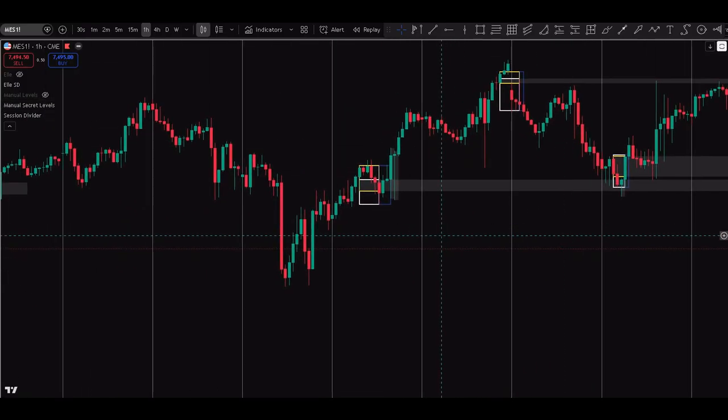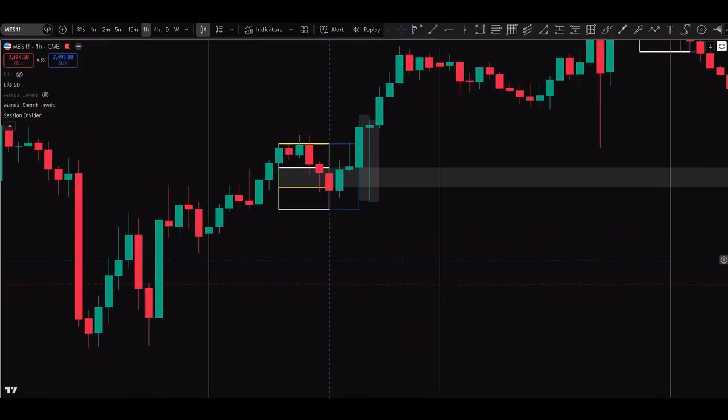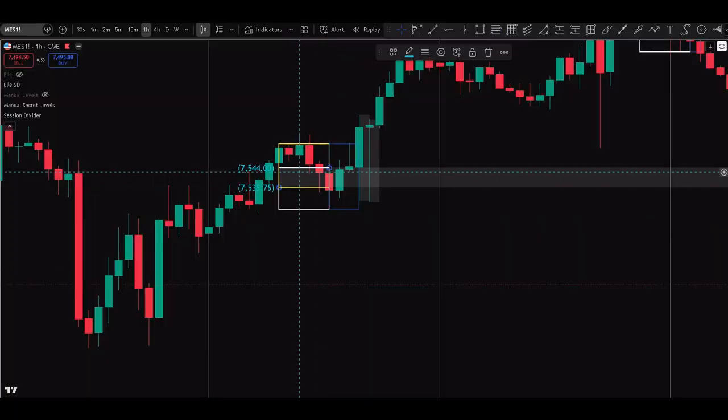So if we take this containment zone here, we see that it was created at 6 a.m. on July 9th. If I take a fib and find the overlapping gap, here's the top price and that's the low price.